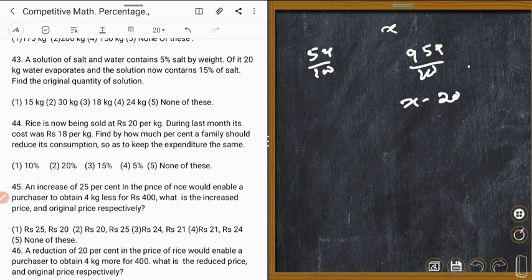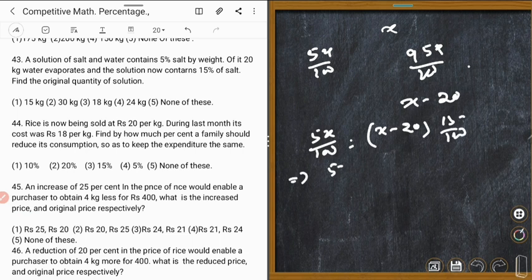Okay. So as per the question, 5x upon 100 is equal to (x minus 20) into 15 upon 100. That implies 5x upon 100 is equal to 15 into (x minus 20) upon 100.